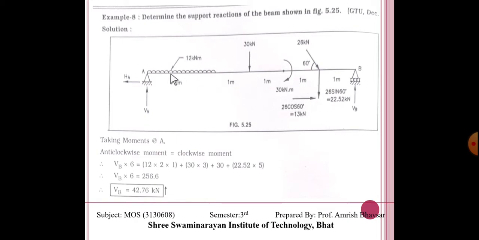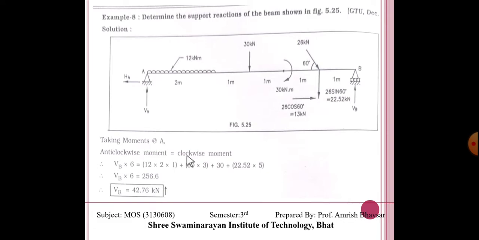Now, we have all the distances over here. Due to this horizontal force, a horizontal reaction is there. So, this support becomes a hinge support, and we get two reactions, vertical and horizontal, and at the other support only a vertical reaction is there.